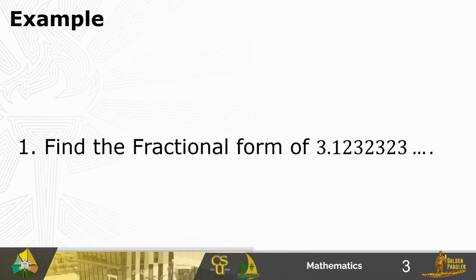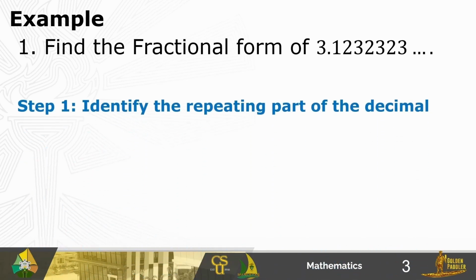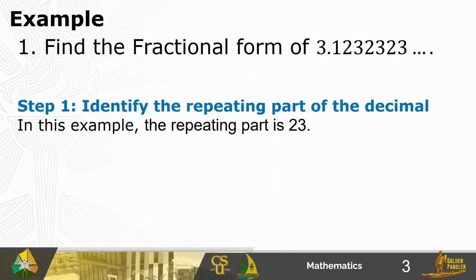So let's try the first example. Find the fractional form of 3.1232323... The first step is to identify the repeating part of the decimal. Can you guess the repeating part? That's correct, the repeating part is 23. Then we set up an equation.